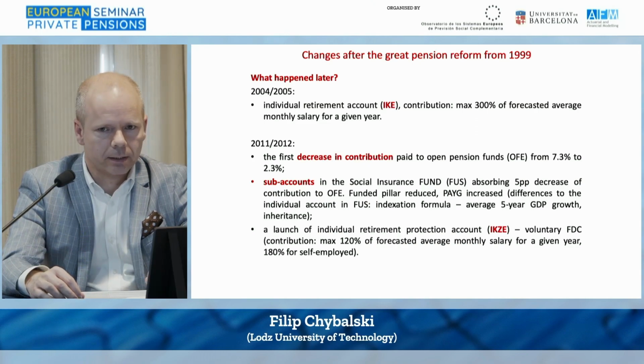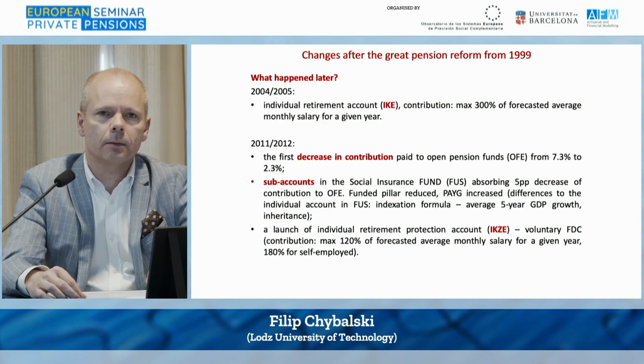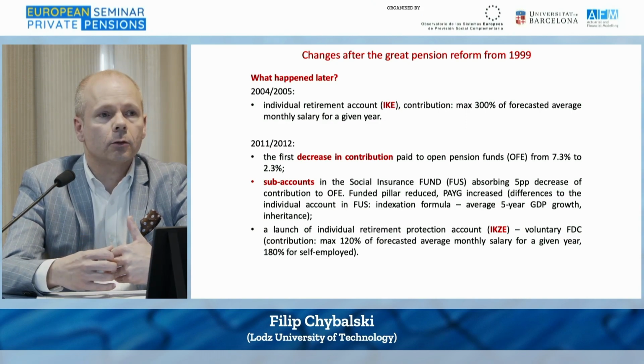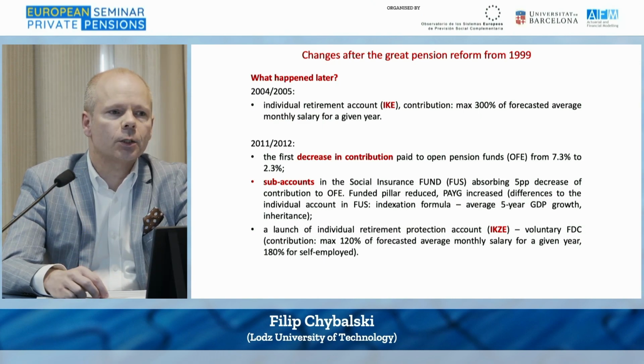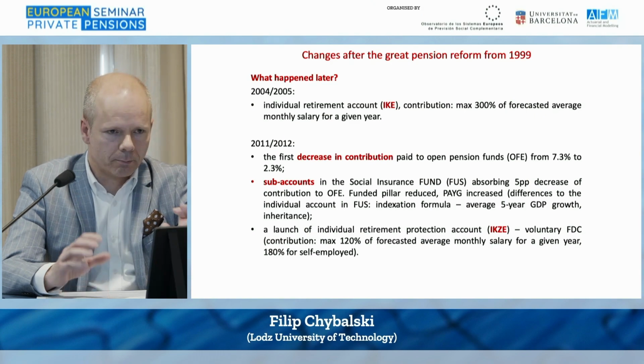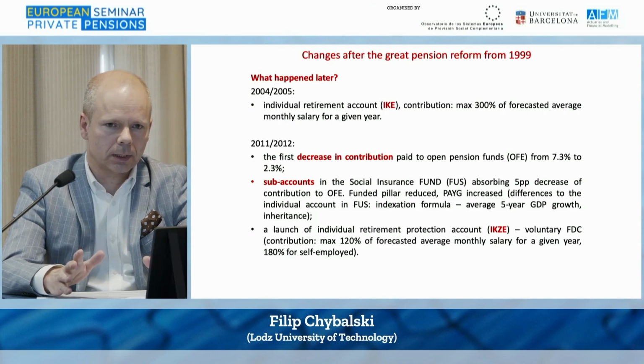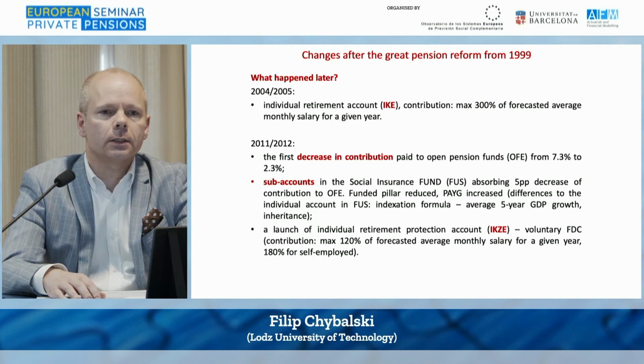What is very interesting, our public national insurance institution calls the sub-account the second pillar. However, there are no premises to call it the second pillar. It's a pure pay-go system. And why do they call it second pillar?